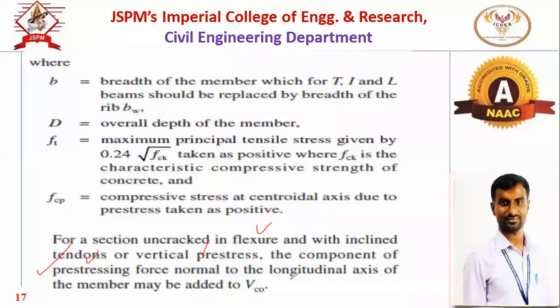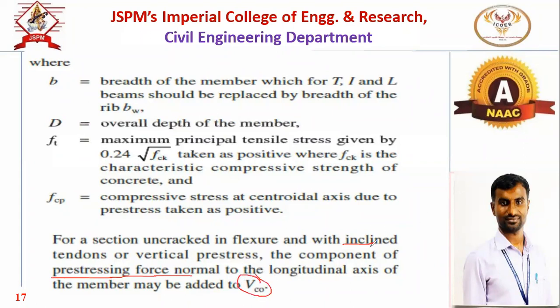Okay, so what this particular indicates, for an uncracked section in flexure, if there are inclined tendons at a certain degree, or vertical pre-stress, the component of pre-stressing force normal to the longitudinal axis we have to add to that particular critical shear strength of that member.